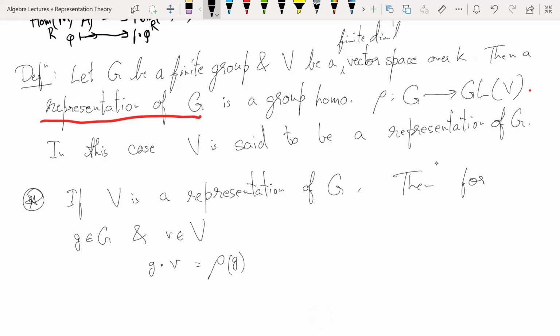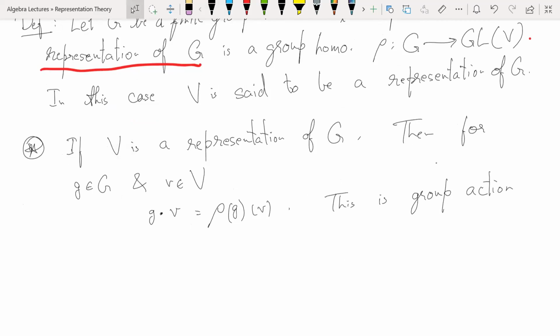Rho g is an invertible linear map of V, so you can apply it to v, and you get something in V. So this action is a group action. So that is clear.